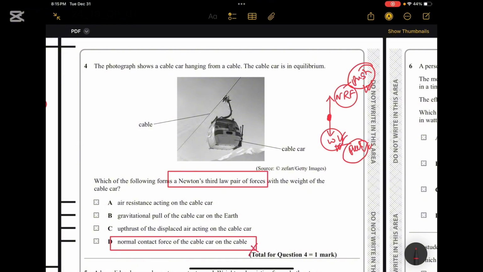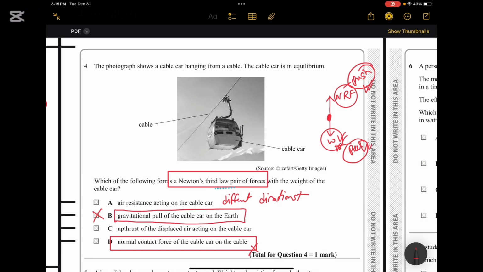Alright, we know air resistance cannot be a Newton's third law pair force because they are not in different directions. So our answer is going to be B, the gravitational pull of the cable car on the earth.